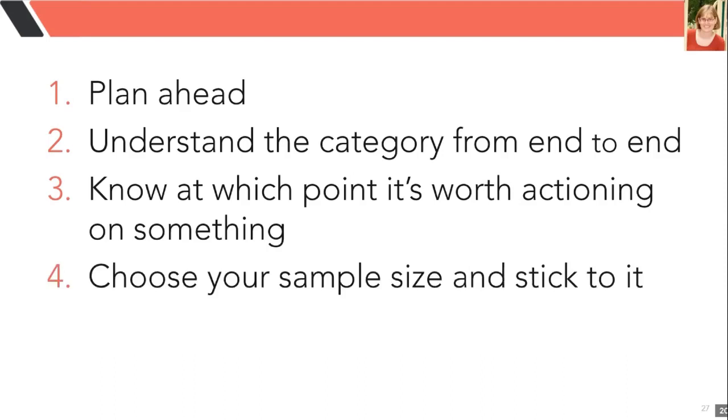Lastly, choose your sample size and stick to it. Given your hypotheses, given your category, given the effect size you need to achieve to take action, you can then choose a sample size that is most appropriate for that question. Personally, I love a sample size of 500.